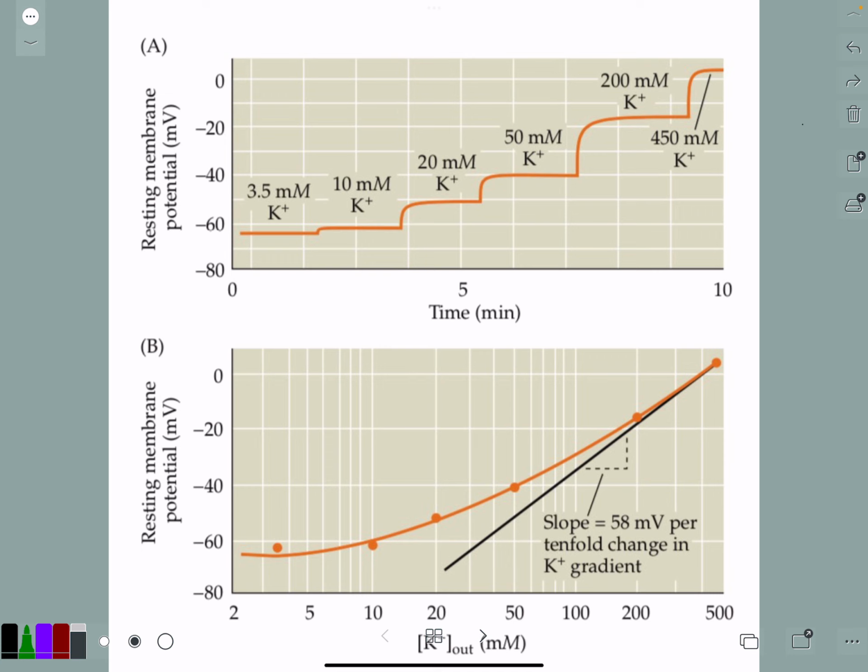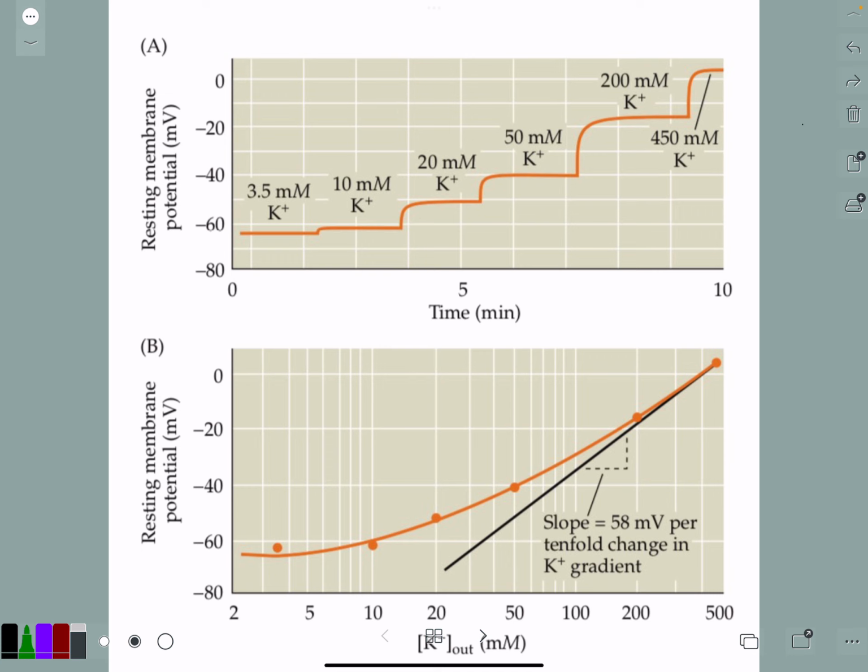Now, it's important to make sure that you're familiar with the concepts of the electrostatic force and the chemical force. So these things are responsible for generating what we call the equilibrium potential across a semi-permeable membrane when ionic species are involved.